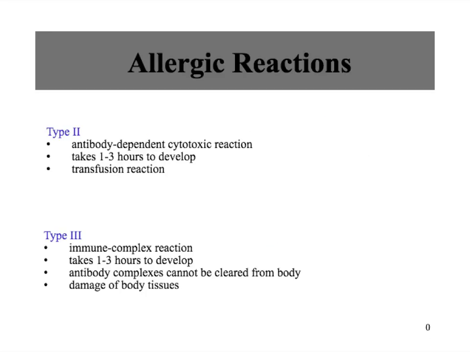A few other allergic reactions that we might categorize here would be type 2, sometimes referred to as a transfusion reaction. We might see it if there's an incompatibility issue with a particular blood type. It can take a little bit longer to develop. Or type 3, which would be associated with damage of body tissues.